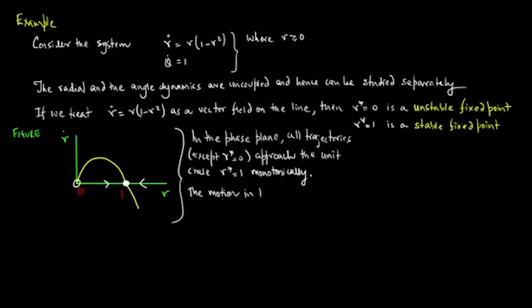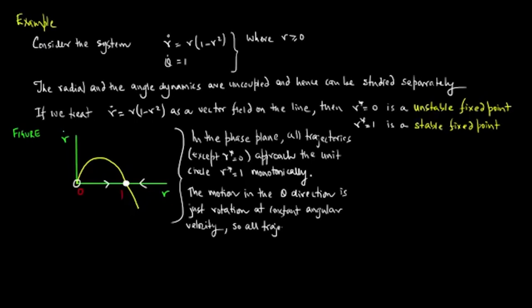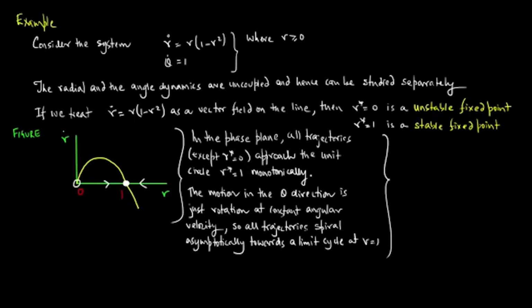The motion in the theta direction is just rotation at constant angular velocity. So all trajectories spiral asymptotically towards a limit cycle at r is equal to 1.